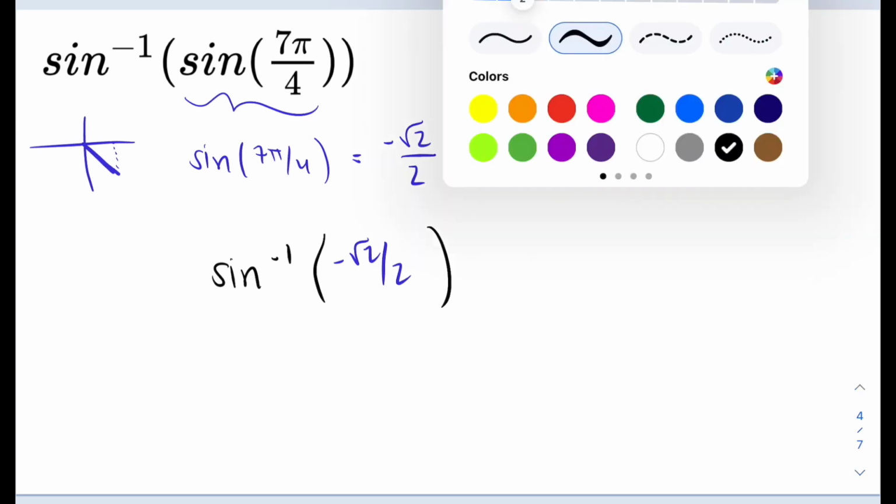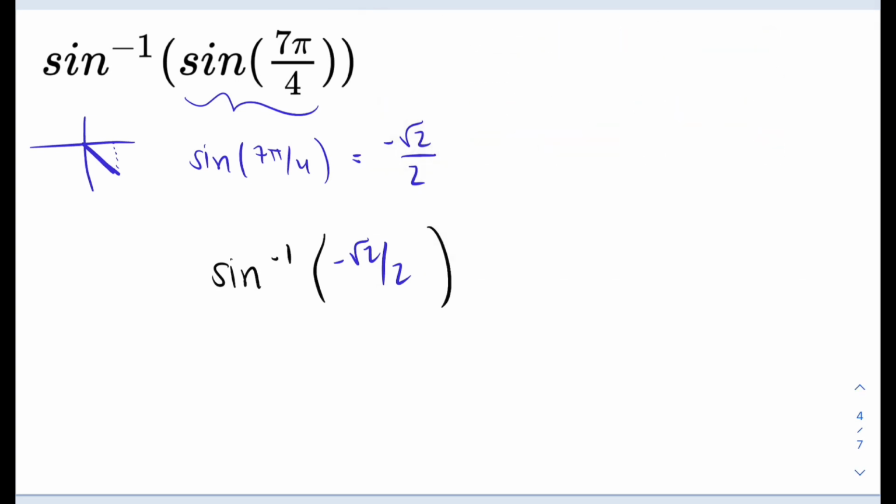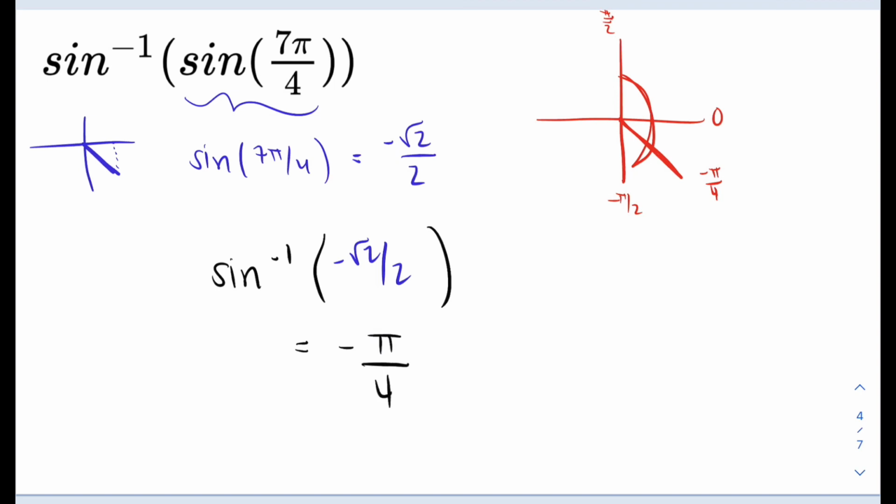So when I look for sine inverse, I'm going to be looking in quadrants 1 and 4, but that's from pi over 2 to negative pi over 2. So when I go here, that's not actually 7 pi over 4. I need to write it as negative pi over 4. So that is going to be my answer. It's going to equal negative pi over 4.